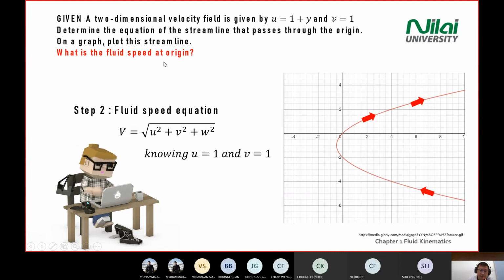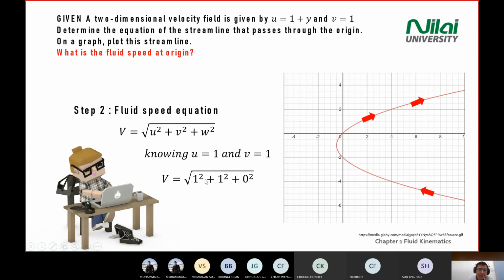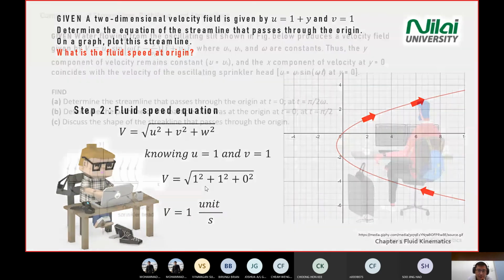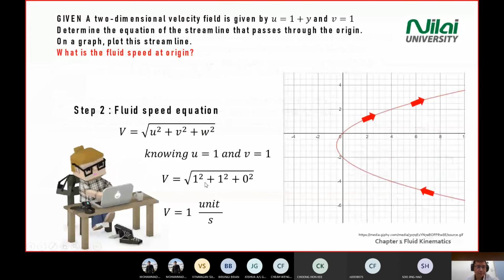Of course, maybe in your final exam, you're asked to determine the speed, the magnitude, at a certain location. Substitute in, you know that 1 squared, square root of 1, you always get 1. 1 plus 1, you get square root of 2. Is it correct?